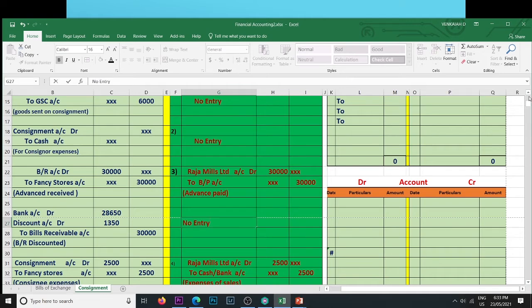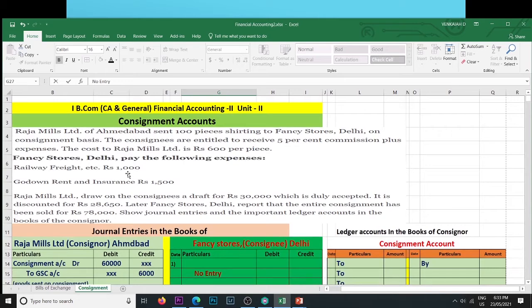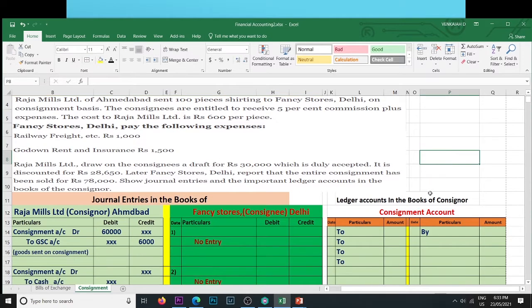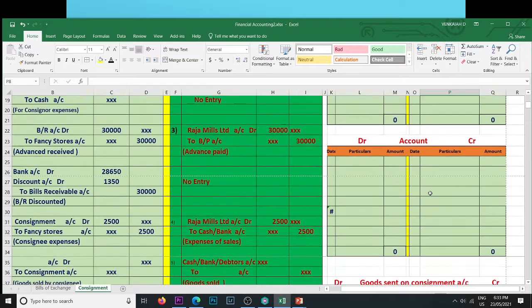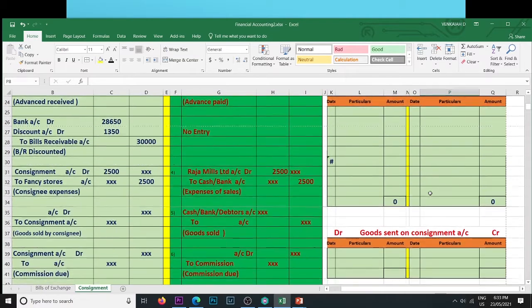Next, later Fancy Stores Delhi reported that the entire consignment has been sold for 78,000. Now it is sales. The sales journal entry in the books of consignor is consignee account debit to consignment account.